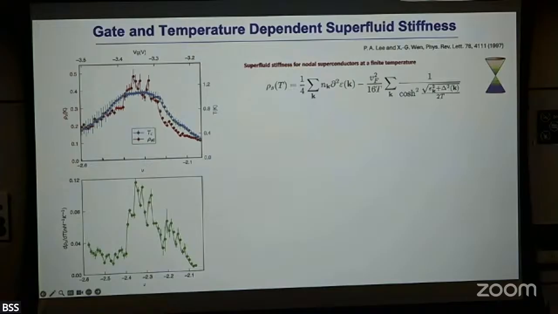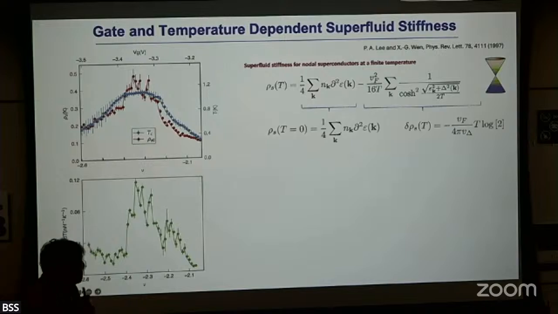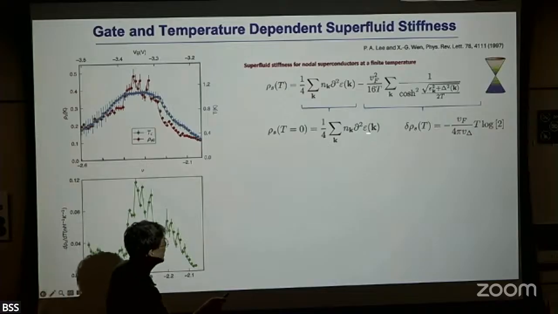If I borrow this expression from the cuprate, I can immediately see how rho of S changes with temperature. With this, I can explain how the slope that I'm seeing changes at the zero temperature limit. At zero temperature, this part goes away, and I simply look at this one. If I know the dispersion relation of this quasi-particle, I should be able to compute what rho of S should look like.